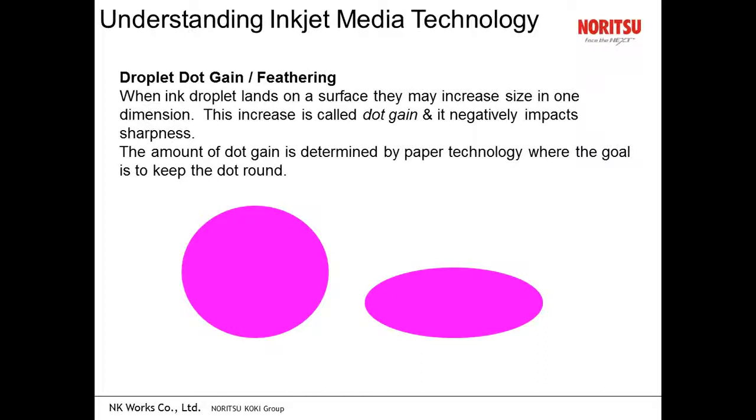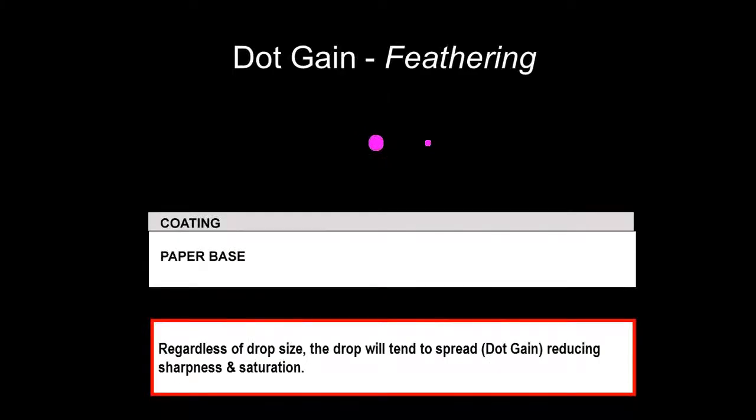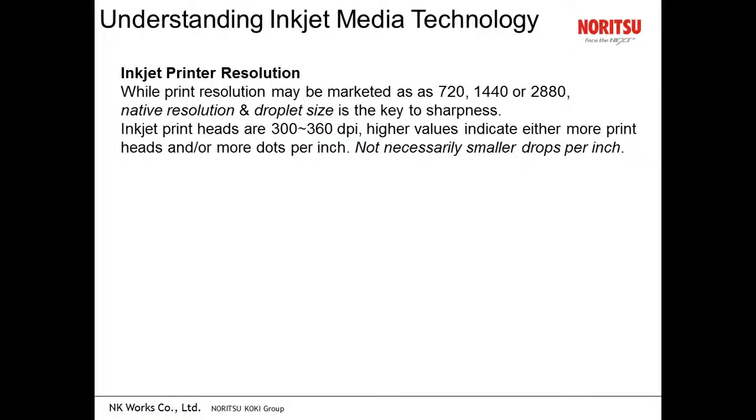So it's not just the printer and the technology itself that controls sharpness, the paper controls the sharpness as well. As you can see, I have a very thick emulsion, the top coating of the inkjet paper, and we can demonstrate how the dot does feather. There is some feathering at all times. We want to reduce that feathering to increase the sharpness and the saturation of that droplet.